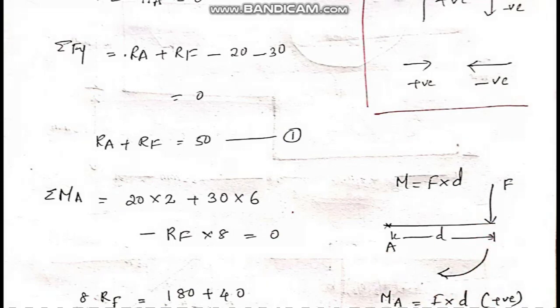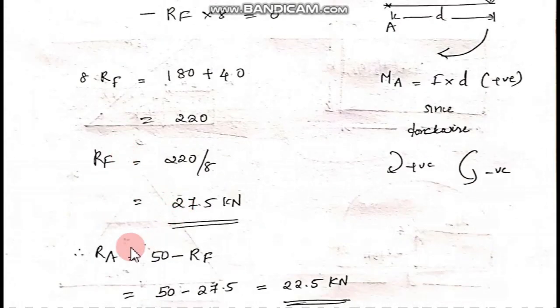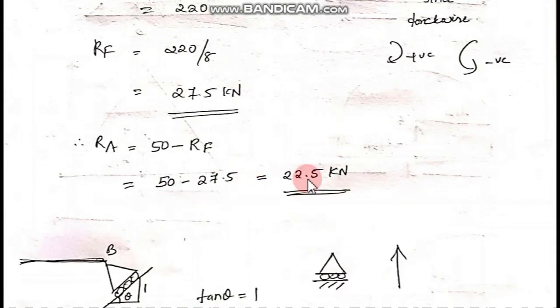Here the convention for moment is clockwise positive and anti-clockwise negative. As you can see here, I have taken the moment of all the forces. I hope you know taking moment, so I'm not going to explain it again. I have found the value of RF, and then the value of RA also. So that's it, you got the reactions.